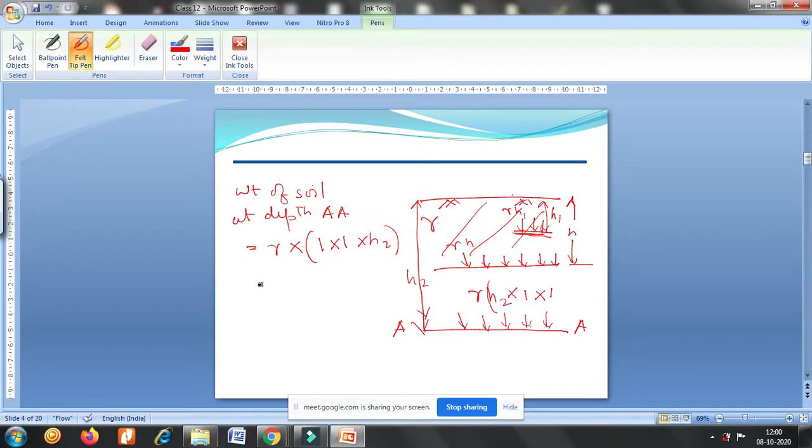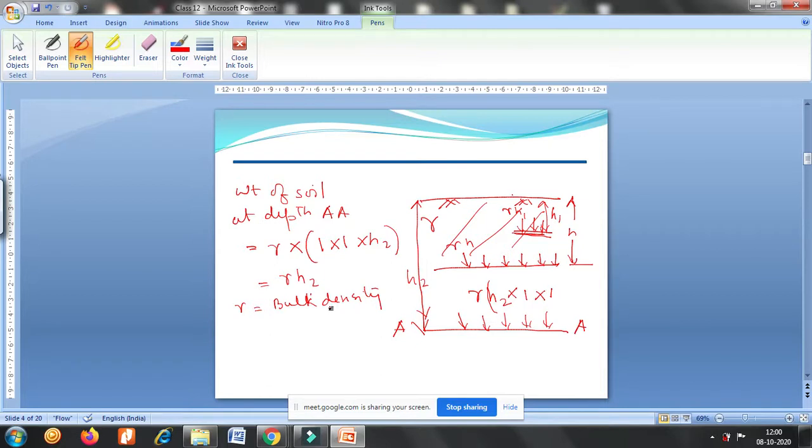So it is gamma into H2. Gamma is the bulk density of the soil mass, and H2 is the depth of the section AA. So from that we can find out the total stress.